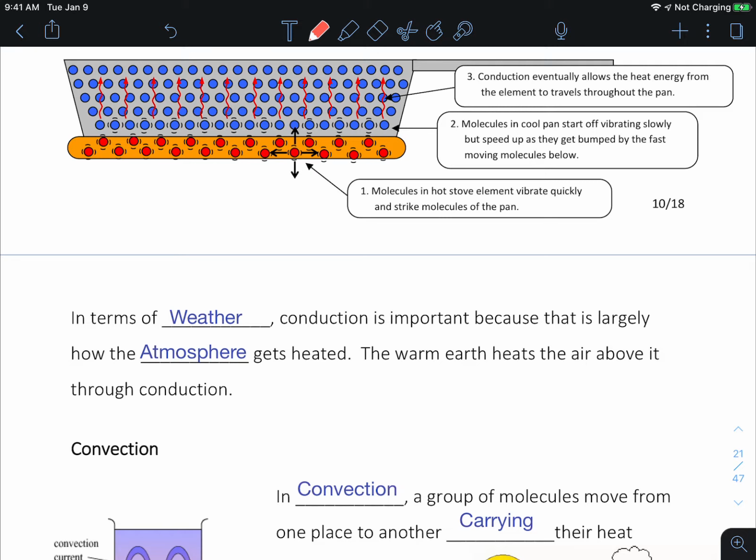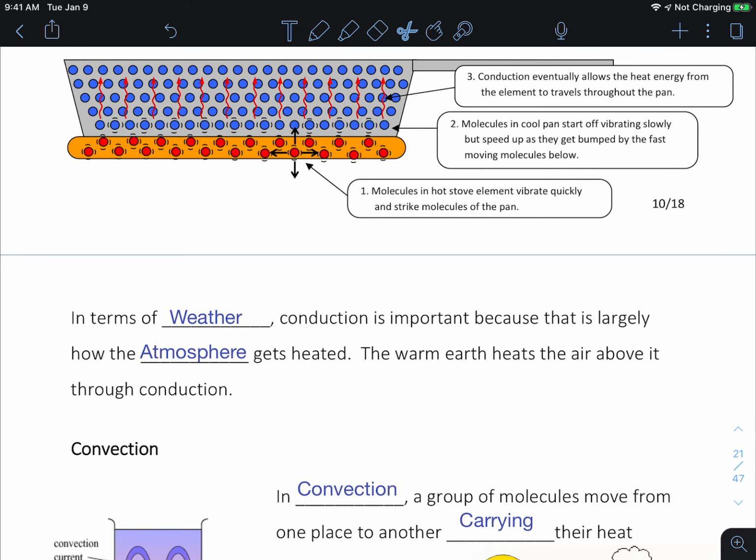And in that way, these air molecules, the ones that are specifically touching the ground, are going to get the heat from the ground, and it's going to heat up those air molecules. And so this first layer of air is going to be hot because it's in contact with the ground, because of the conduction with the ground.